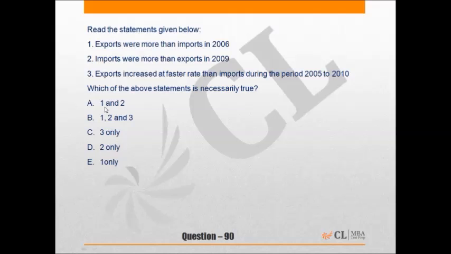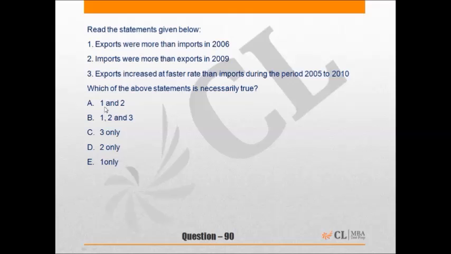In the next question, three statements are given and we have to find how many of these statements are necessarily true. Coming to the first statement, it is stating exports were more than imports in 2006.